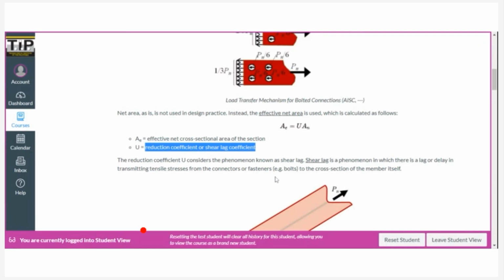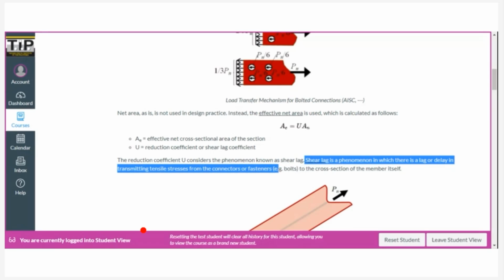So this coefficient considers the phenomenon known as shear lag. So what happens during shear lag? How do we describe shear lag? Shear lag is a phenomenon in which there is a lag or delay in transmitting tensile stresses from the connectors to the cross-section of the member itself. Okay? So let us show how shear lag happens.